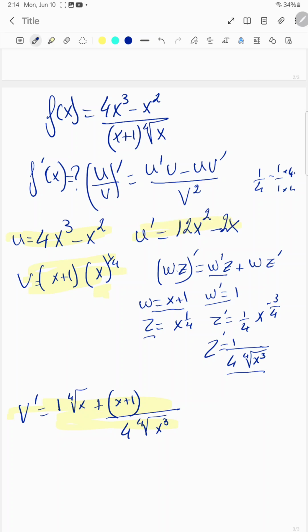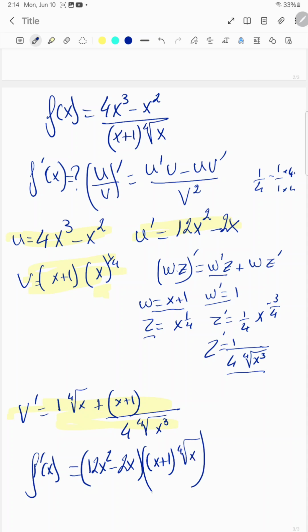So let's write it. f prime of x is equal to u prime v. My u prime is 12x squared minus 2x multiplied by my v, which is x plus 1 times the fourth root of x, that's u prime v, minus u v prime.